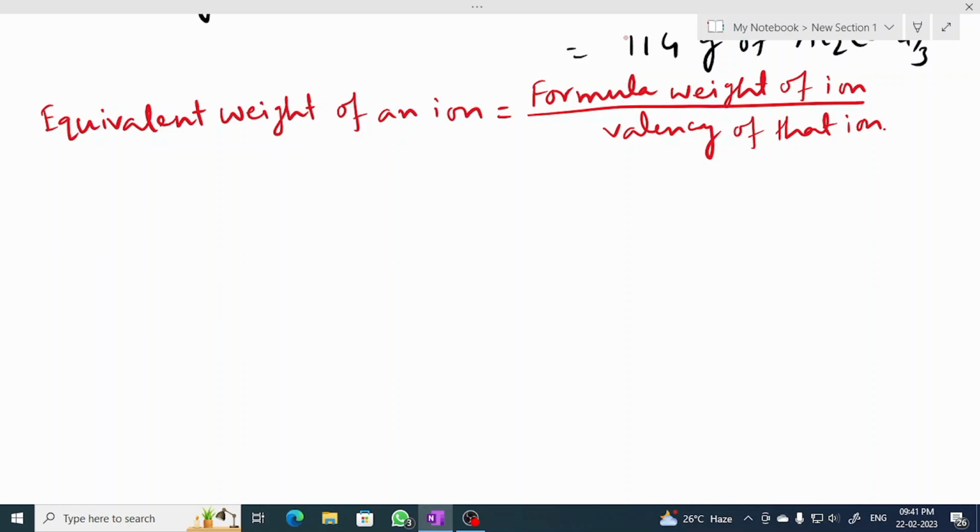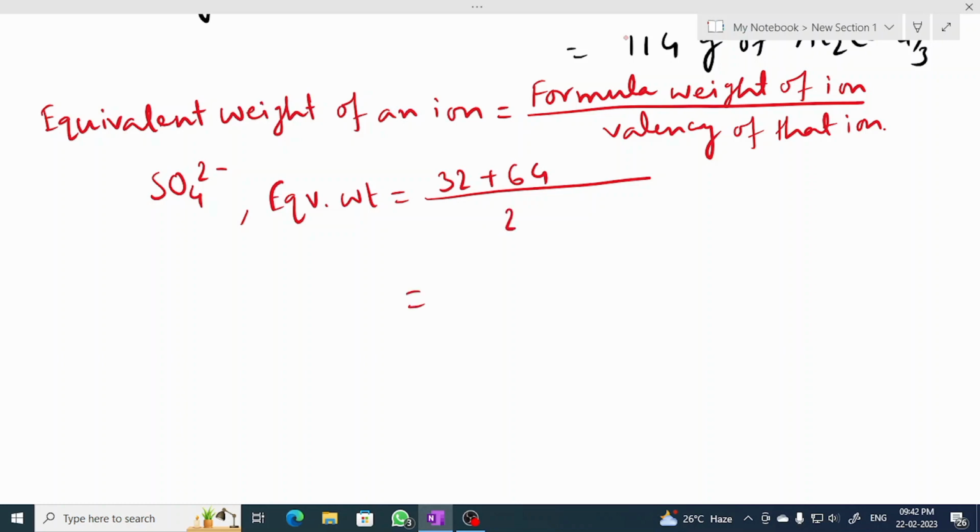If we consider the sulfate ion, what is the equivalent weight of sulfate? Sulfur is 32, 4 oxygens are there, 64, divided by the valency of sulfate, which is 2. So 96 by 2, that is 48. This is how we calculate equivalent weight of various species.